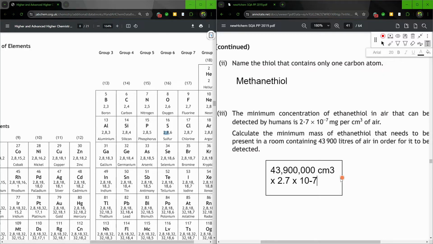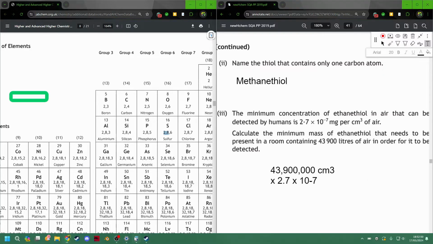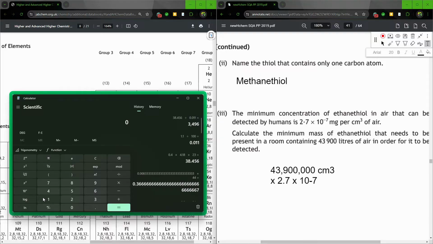But let's just go and do the calculation. 43,900, this big number, times 2.7, and then boom, so this is how many milligrams.